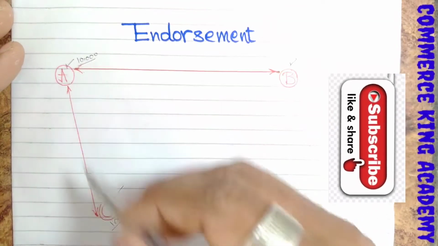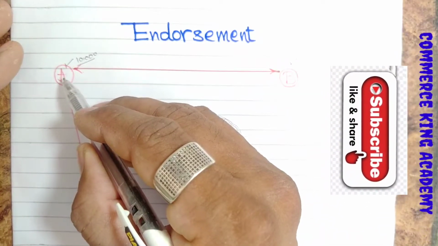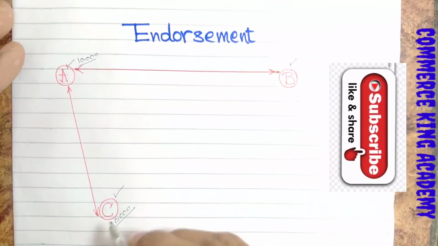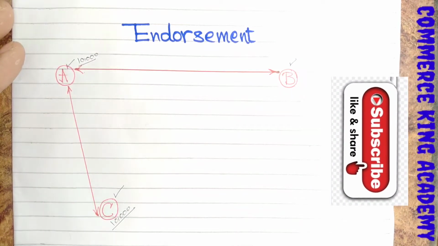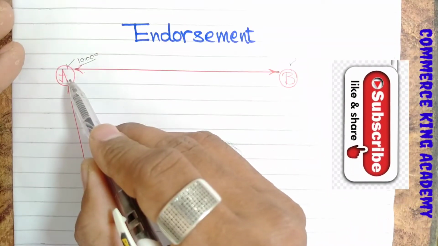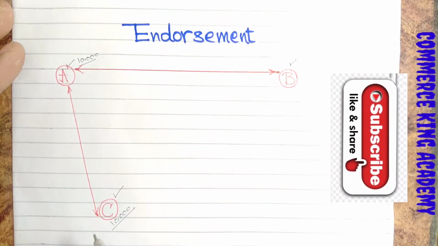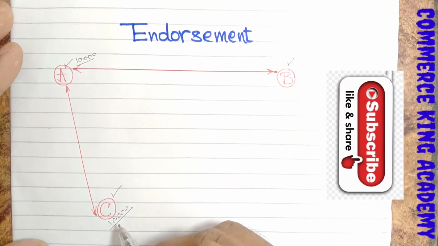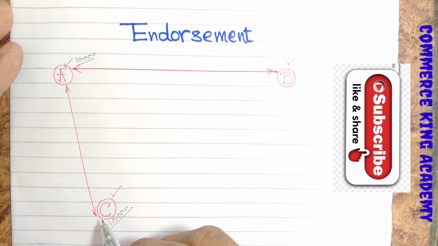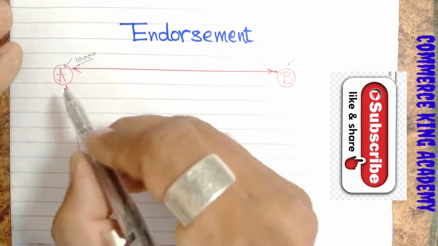So Mr. C is the creditor of Mr. A, because Mr. A purchased goods amounting to 10,000 from Mr. C. So Mr. A has the option to endorse or transfer the bill of exchange to Mr. C for clearance of his debts. So Mr. A will clear his debt by transferring the bill of exchange to Mr. C.